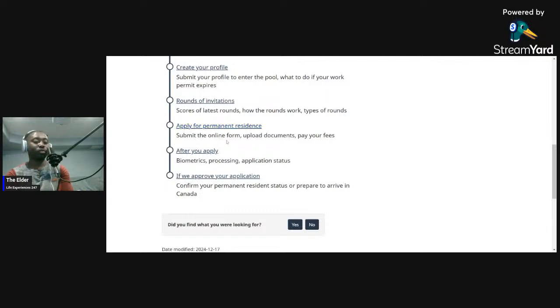So submit the form online, upload documents, and then pay your fees. And after you apply, they'll make you go and do your biometrics, and then you wait for your application status. And if they approve your application, they will send you more documents.